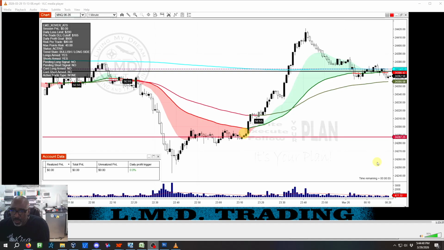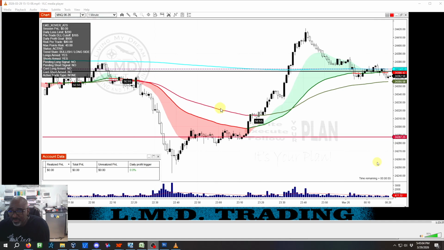So that's it, y'all. You see another line here. That's the 100 moving average. When I first coded this, I was using that as my bias. If price is above the 100, I can take the trade long. If it's below, I can take the trade short. What I found was that I was missing trades, so I turned that filter off.